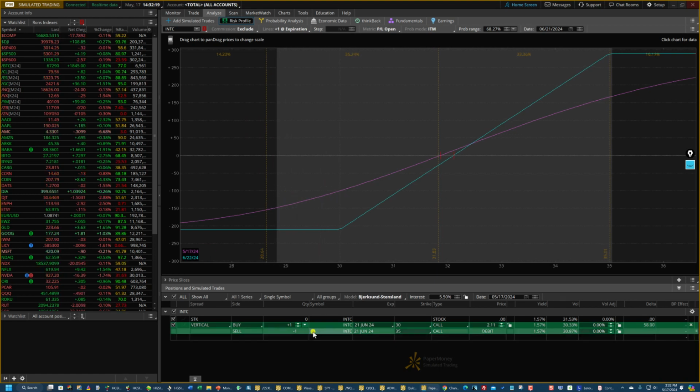Now, if I were feeling brave, I would do a 10 lot, and there's a couple grand right there. And if I get the direction right, I can make some pretty decent money over a 30-day time period. The beauty of these is the price does not have to move very far.